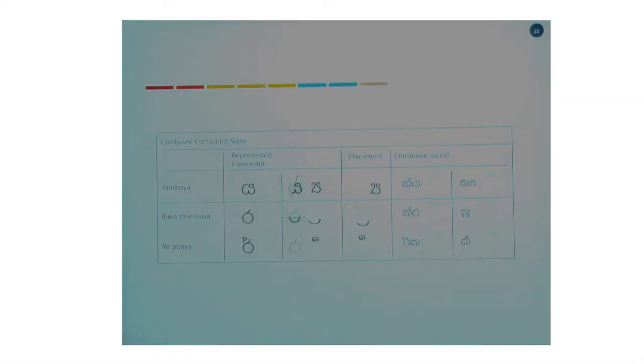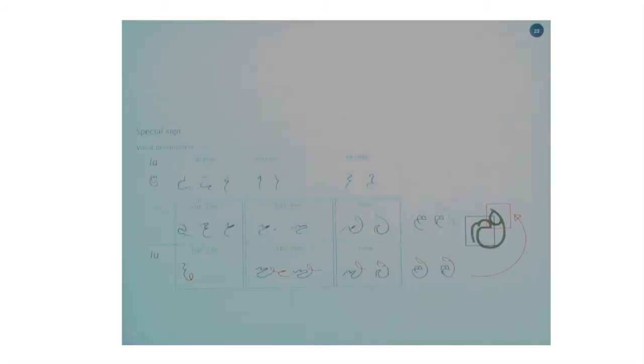And so this is the visual development of how the Yansaya has come in, how the Rakarangsaya, which is also looking like a medial vowel sign, and of course the Repaya. Then the special sign within Sinhala is the sign Lu, which looks like a consonant, but it's not a consonant.